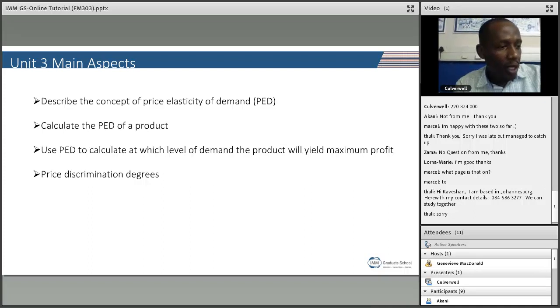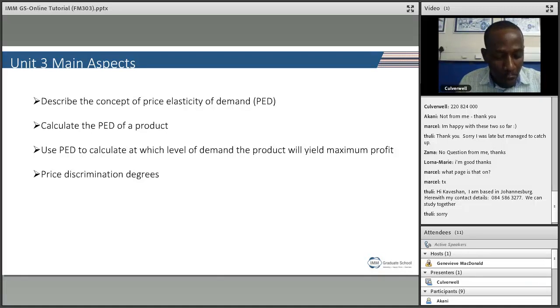PED, your formula of calculating PED, and a very good example on learning unit 3, it is on page 148. The formula of PED in your learner guide, page 148. It is percentage change in quantity demanded over percentage change in prices.